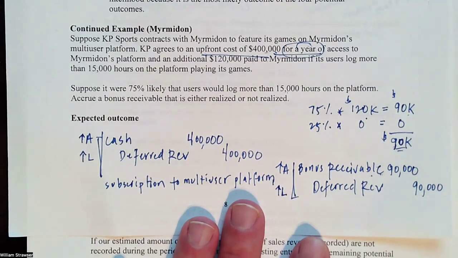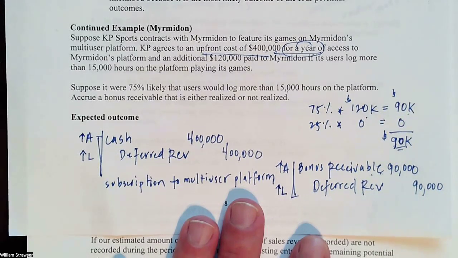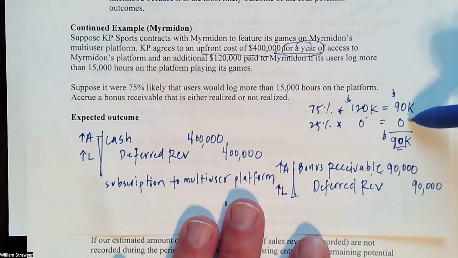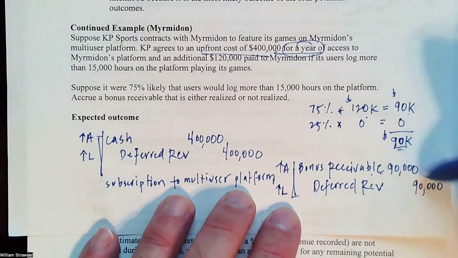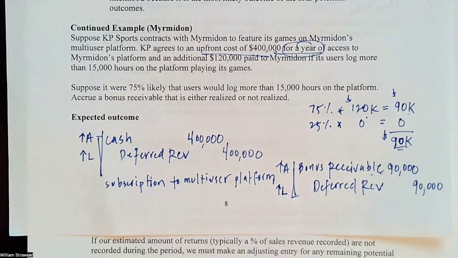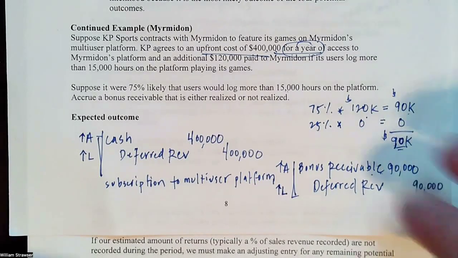We can get another 500 hours over the course of 6 months. This expected likelihood would change. And then we just have to adjust the amount of bonus receivable and deferred revenue that we have accrued at that point, right? We'll work through some of that in class.